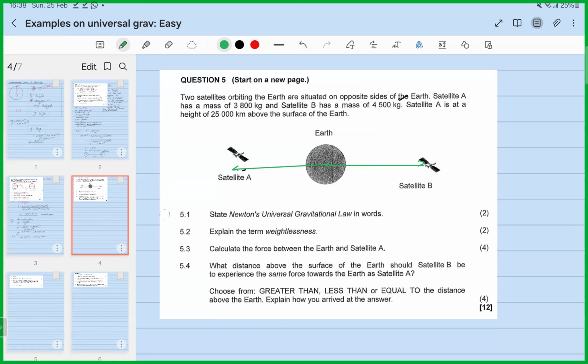For example, anybody knows why we don't really worry about the center of very, very small objects compared to planets? In other words, why we don't ask you a question like, what is the distance from the center of the satellite to the surface of the satellite? Why do they not give that to us?